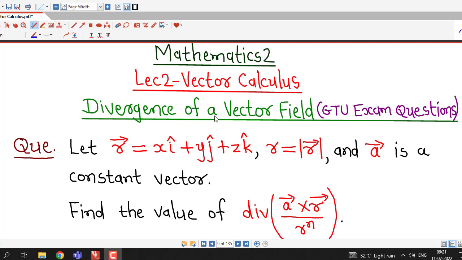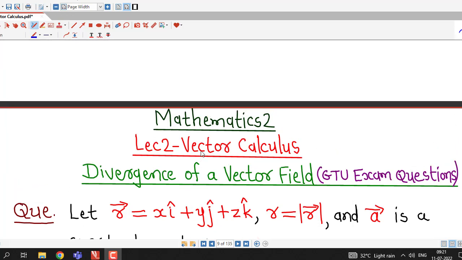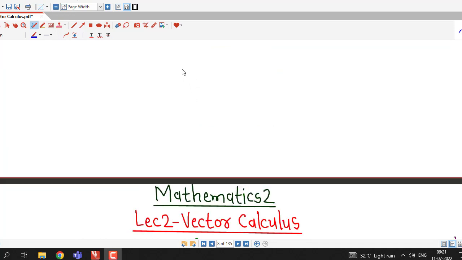In previous lecture we have talked about gradient and divergence. We recall the definition of a divergence of a vector field.